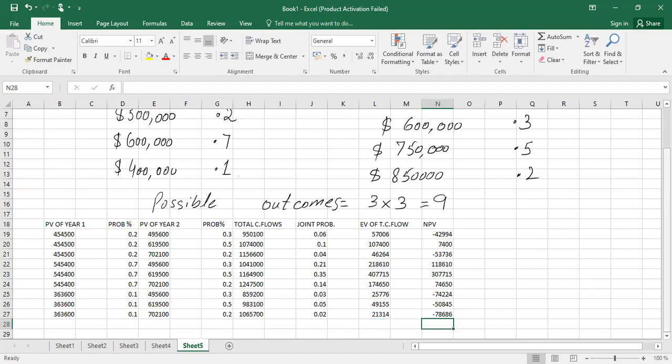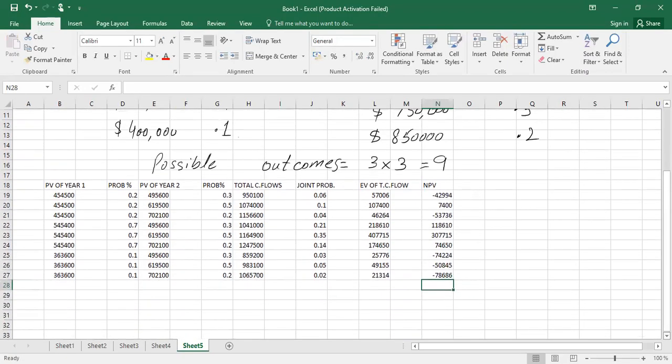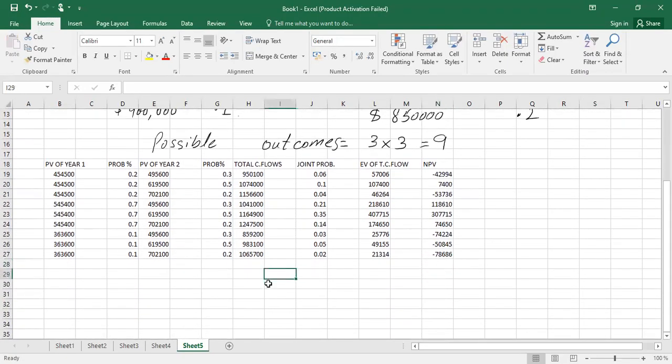Now question says that calculate expected mean NPV. How to calculate expected mean NPV? First add all these values.